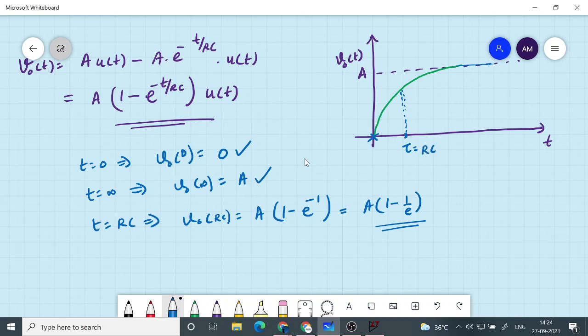So when the time becomes the time constant, if you find this value in a calculator, let me just quickly find out what is 1 by e. Let me take a scientific calculator and write e raised to minus 1.